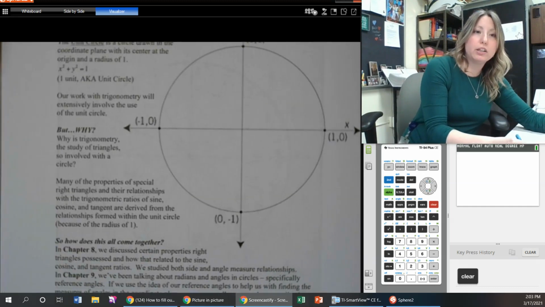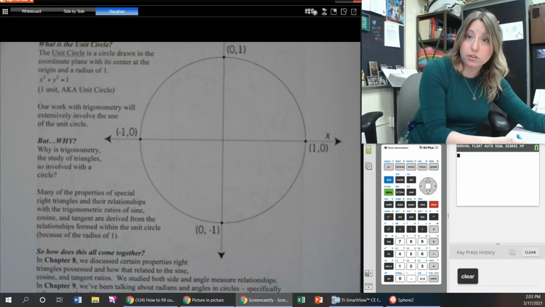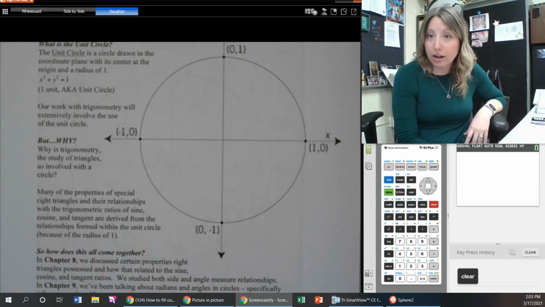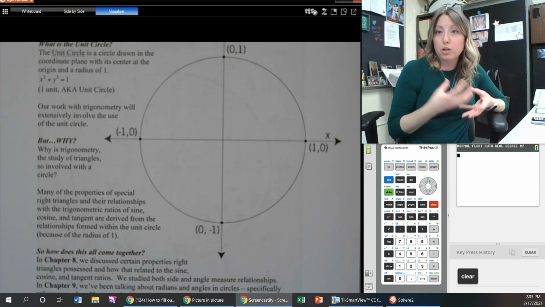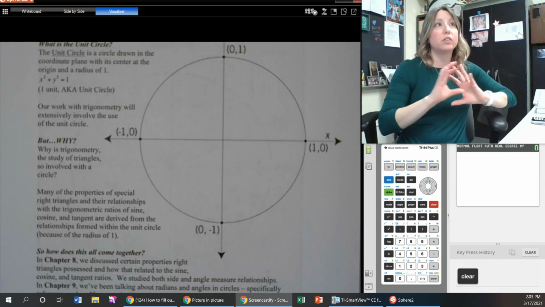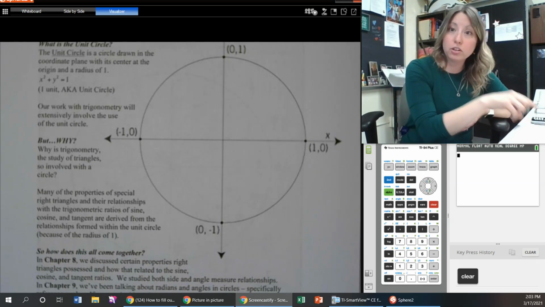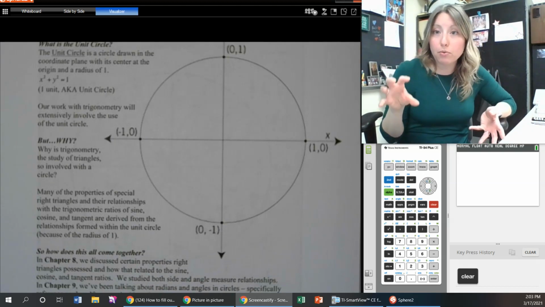Those relationships in those special right triangles that we've been looking at, the 30, 60, 90 and the 45, 45, 90 right triangles, the things that we've been doing with those as far as looking at the sides in proportion to their angles is actually what's going to help us fill in points around the unit circle.